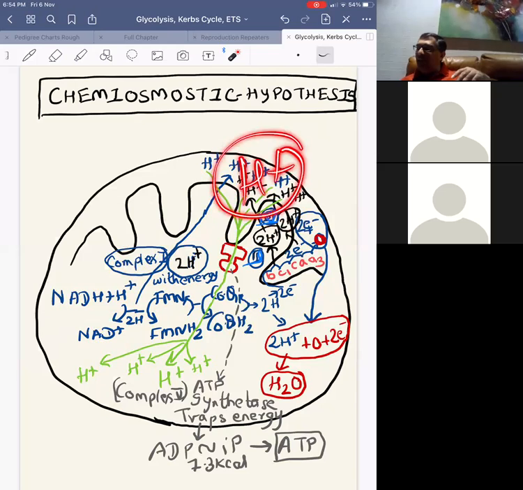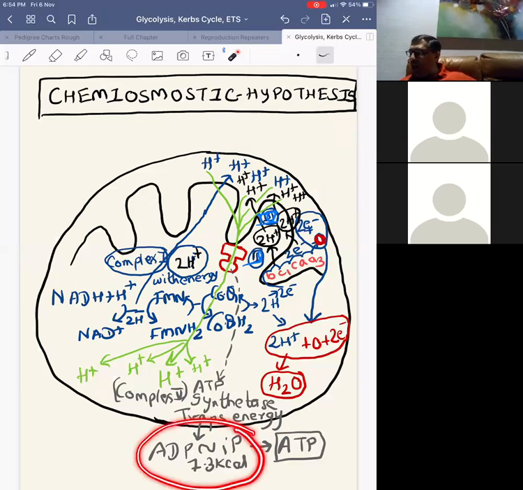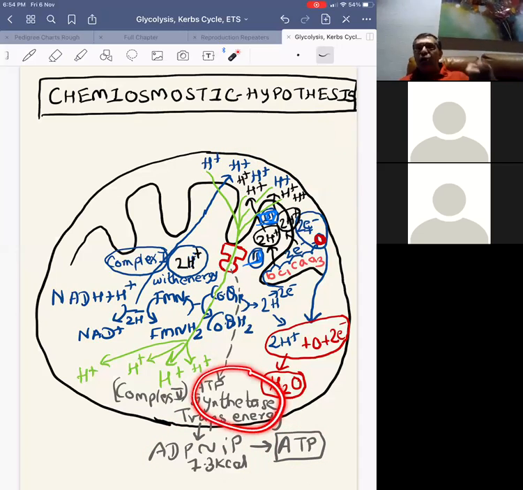Protons remaining with energy when they pass through F1 particle, F1 particle के अंदर था ATP synthase enzyme, और ATP synthase ने एनर्जी को ट्रैप किया, combined it with ADP and IP to form a molecule of ATP. It is ATP synthase which actually produces ATP and is called as complex 5.